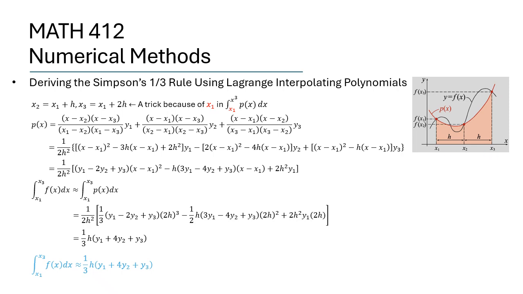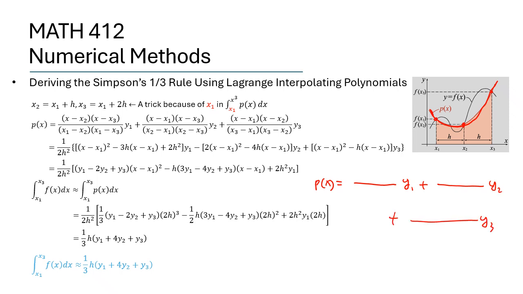So we try to set up the equation of such a quadratic curve. We set up the quadratic equation by using the 3 points. So how do we set up the Lagrange one? P of x will be y1, that's f of x1, plus y2 plus y3, right?